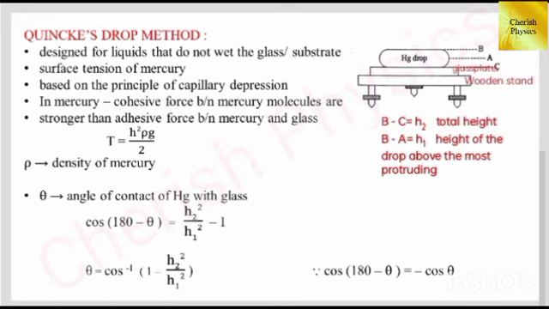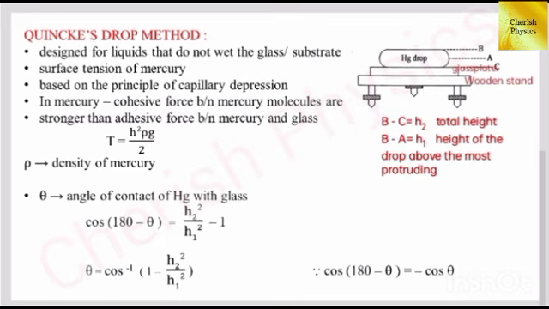In this Quincke's drop method experiment, a traveling microscope is used to find the total height h2, that is between B and C, and the height of the drop above the most protruding part, which is h1 = B − A. The surface tension of mercury is calculated by the formula T = h1² ρ g / 2.